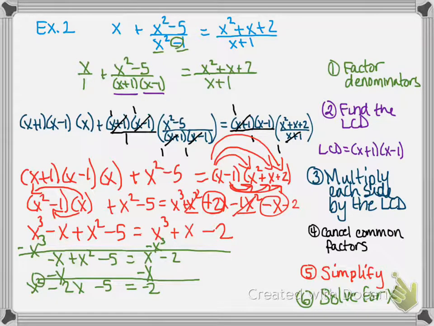It's quadratic, so let's get everything on one side, 0 on the other. So let's add 2 to both sides. X squared minus 2x minus 3 equals 0. Let's factor this. Put in our x's. Two numbers that multiply to negative 3 but add up to negative 2 are negative 3 and positive 1.